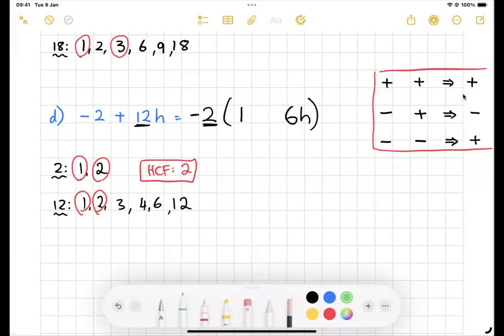I've got a negative number multiplied by something, 6h, which could be positive or negative, and my answer turns into a positive. Well, I'm multiplying a negative by something and my answer is positive. So of course, the 6h needs to be a negative.